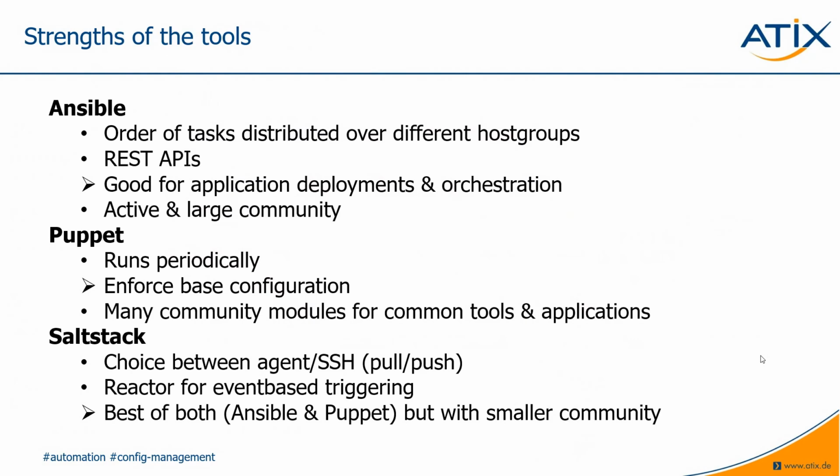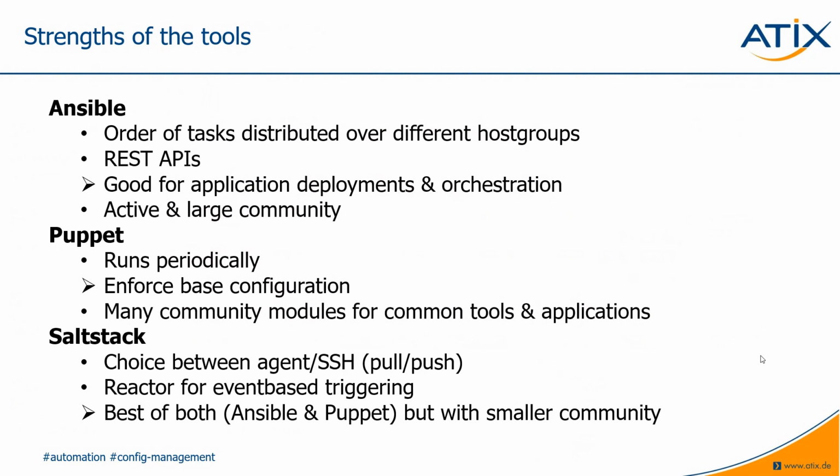Then we have Puppet, and Puppet has this advantage that it runs periodically, because with this I can enforce some configuration. If someone changes something by hand, or I change some parameter inside my Git repository, how this should be configured, I can be certain that at least after 30 minutes, every host is configured in the correct way.